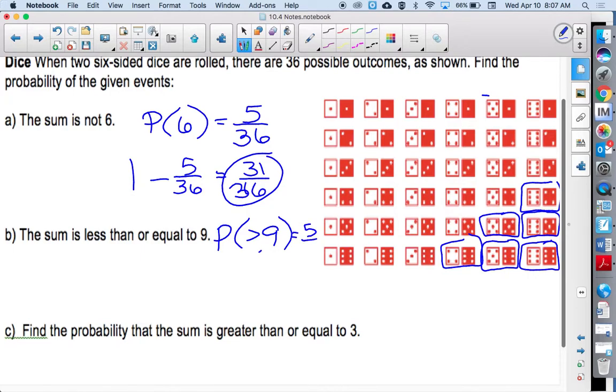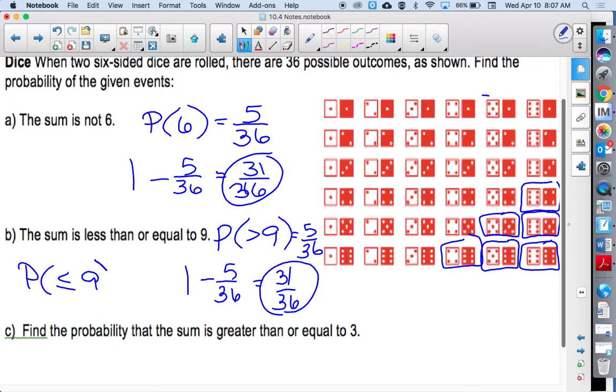So this is 5/36. So by using complements, 1 minus 5/36 is again that 31/36. So the probability that the sum is less than or equal to 9 can be found by using the complement.